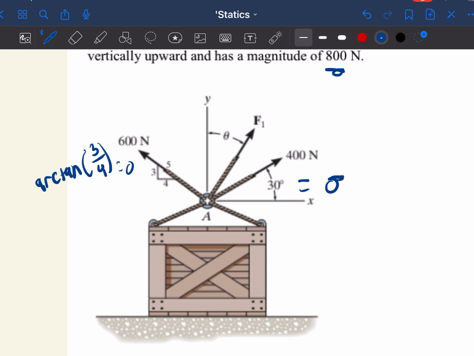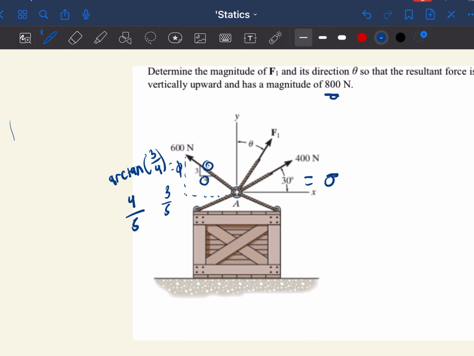You can call this phi, but an easier way is that the component in the x direction is given by multiplying the force by the x component divided by 5, or the hypotenuse. The same thing works in the y direction, where you multiply your force by 3/5 to get the y component.